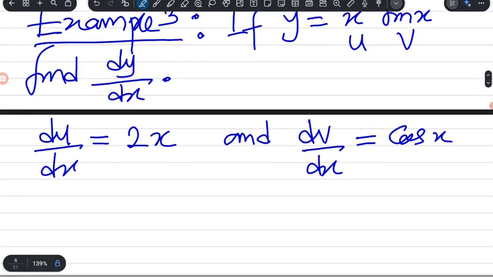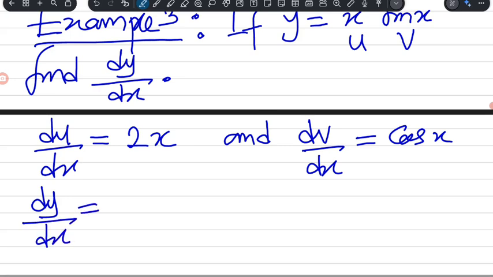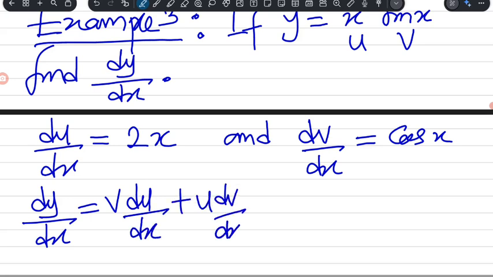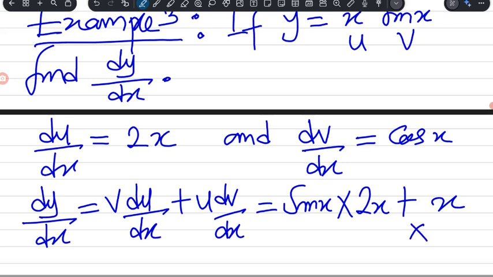Applying the formula so far, dy/dx is equal to v du/dx plus u dv/dx. Now, our v is sin x to multiply du/dx, which is 2x. Now, plus our u is x² to multiply dv/dx, which is cos x.